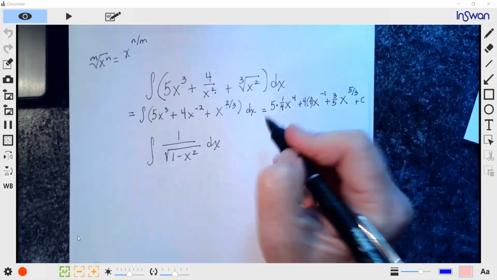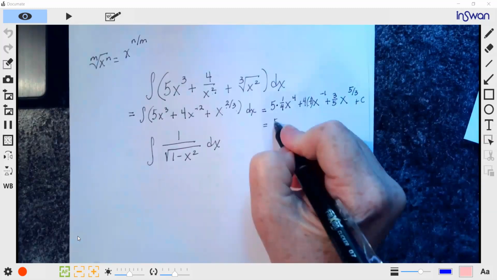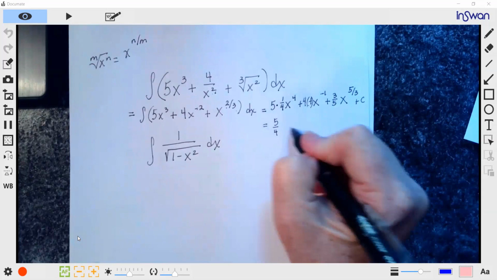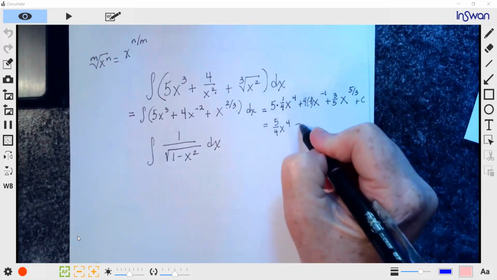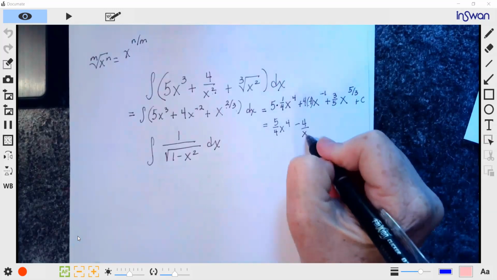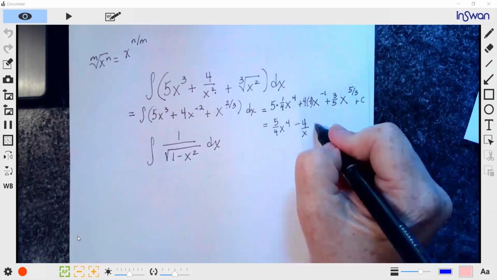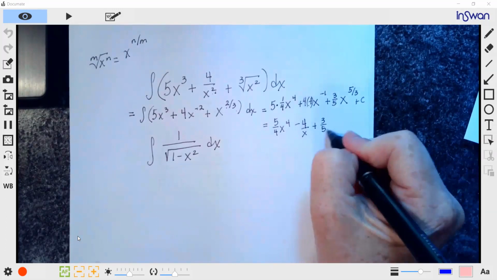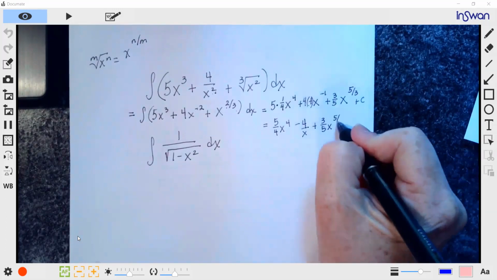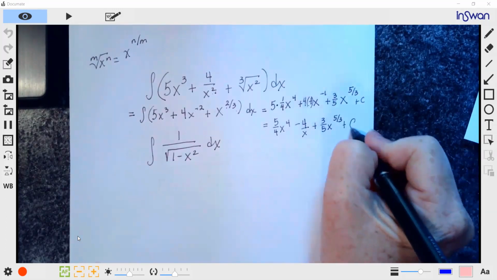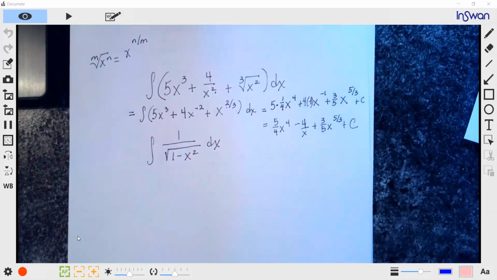So we end up with 5/4 x to the 4th minus 4 over x, or 4x to the -1 if you prefer, plus 3/5 x to the 5/3 plus c. Everybody okay right there?